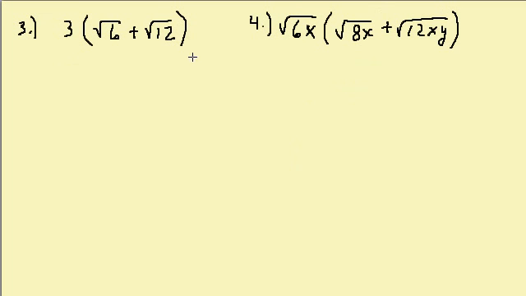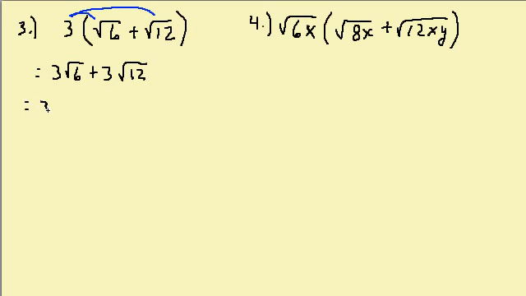Alright, let's take a look at some more. We have 3 times the square root of 6 plus square root of 12. So what I'm going to do here is distribute the 3. So I get 3 square root of 6 plus 3 times square root of 12. Now the square root of 12 will simplify.